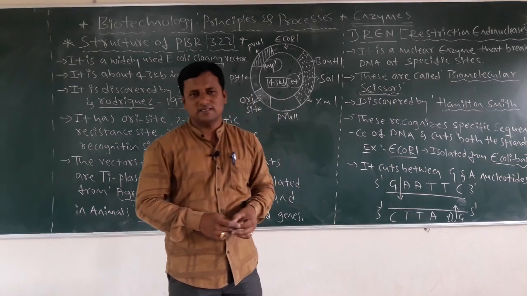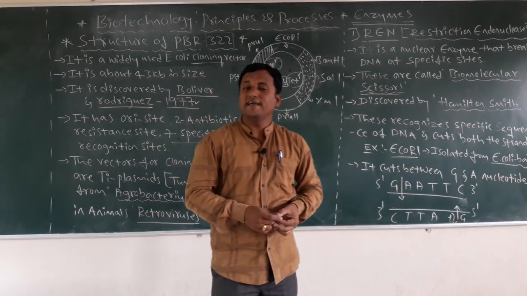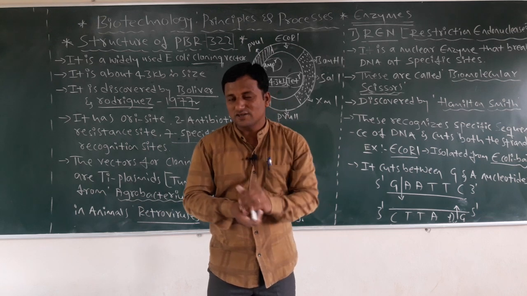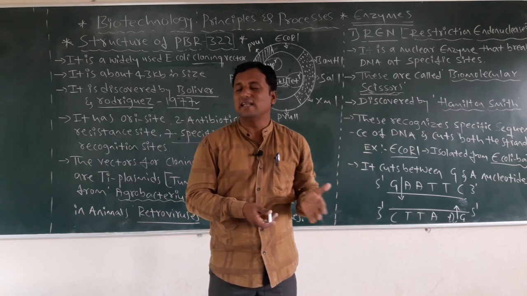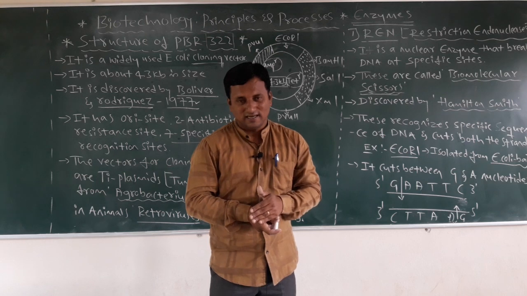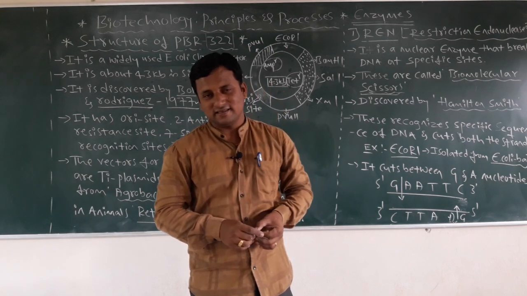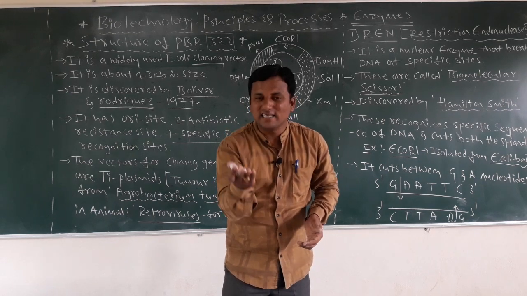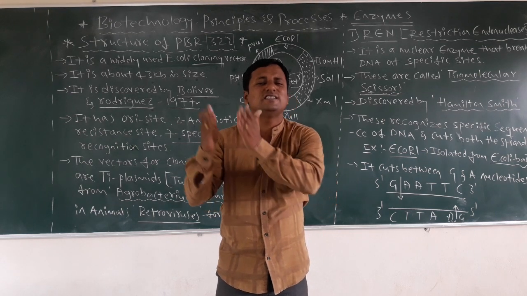Remember dear students, in our body we get some genetic disorders. Those genetic disorders almost all form at the gene level, like phenylketonuria, cystic fibrosis, sickle cell anemia, thalassemia. There are a number of gene disorders.